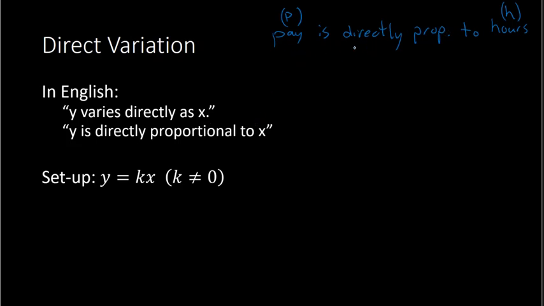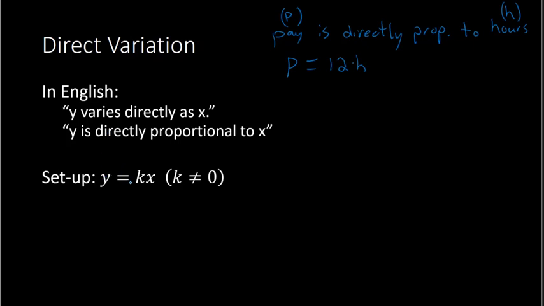Okay, so our equation, as we showed in the previous slide, was P equals a number, and that was the number 12, because 12 was our constant, right? That's what we multiplied to get from the hours to the pay. So it's 12 times h. Same thing with our setup for anything.